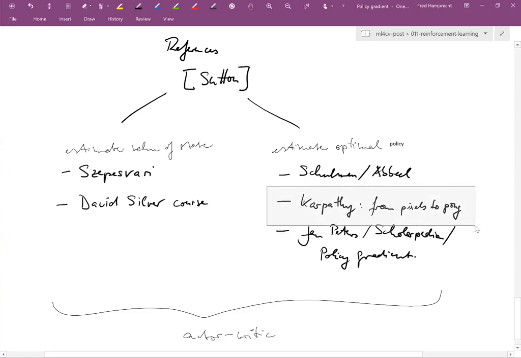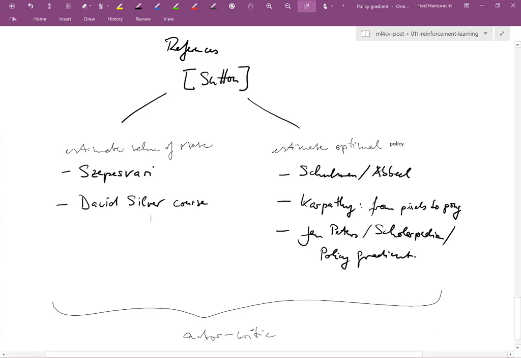The title is something like From Pixels to Pong, and it explains both some of the science in policy gradient, but also has some more general thoughts. I also like the Jan Peters article on policy gradient on Scholarpedia. By the way, he made his scientific name by replacing standard gradient with natural gradient. Yeah, so this is a good idea in this field here also.